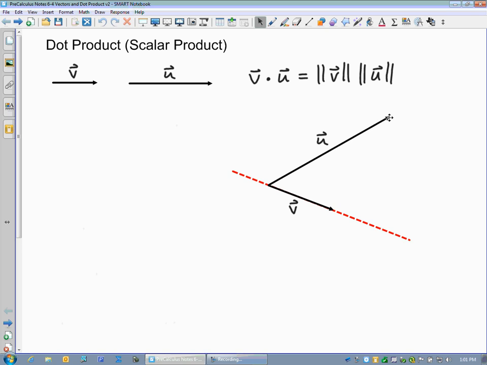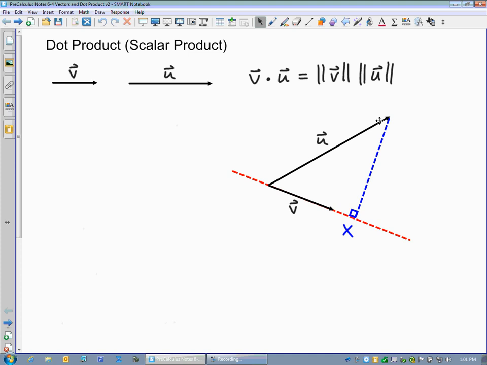In other words, if you take the terminal point of u and drop a perpendicular to the line, then this distance here from the initial point to the right angle, this side of the large triangle, that is going to be your projection. So if we think of this red line as a number line with the initial point being at 0, then the coordinate of this intersection, let's call it x, that would represent the distance of this side.